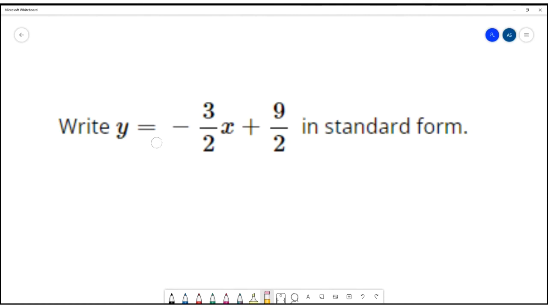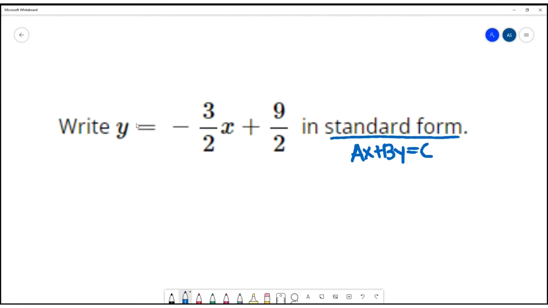Write y equals negative 3 halves x plus 9 halves in standard form. Standard form is ax plus by equals c. You want the x and y terms on one side of the equation and the constant on the other side.